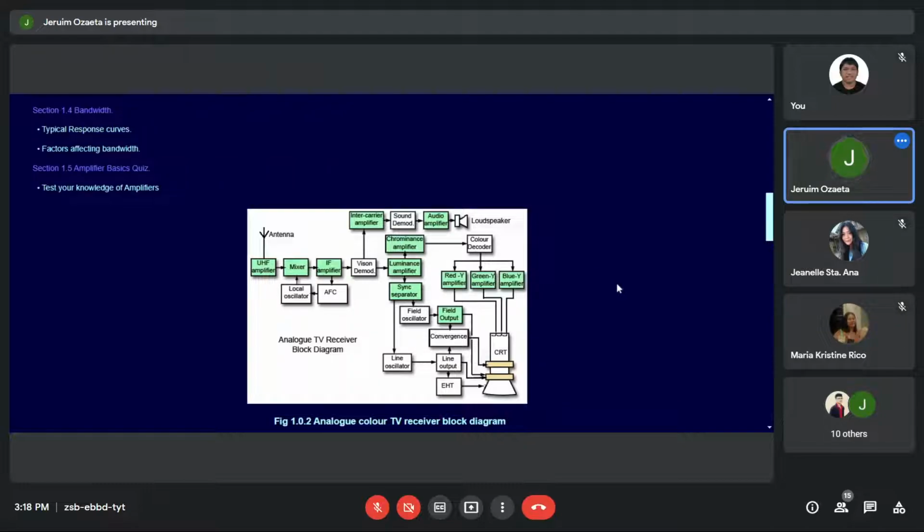Okay. Now, in this case, from the vision demodulation, the intercarrier amplifier samples the sound. You know, in TV, there are two carriers. There are two modulations in TV. One is the modulation for the sound, and the other is the modulation for the picture.